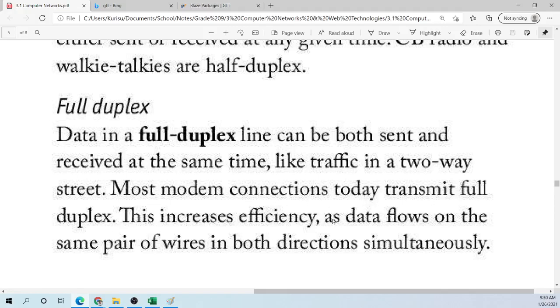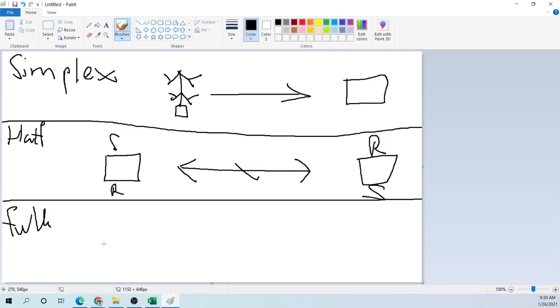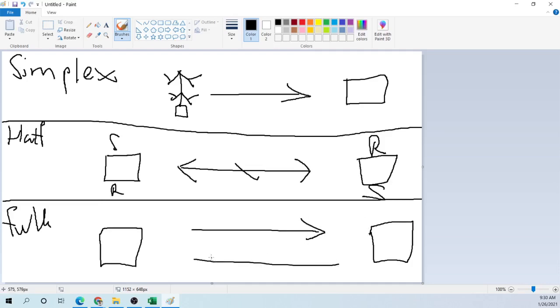This increases efficiency as data flows on the same pairs of wires in both directions simultaneously. So we have a device here, a device over here. This device can send over here, and this device can send over here. So both can send at the same time.